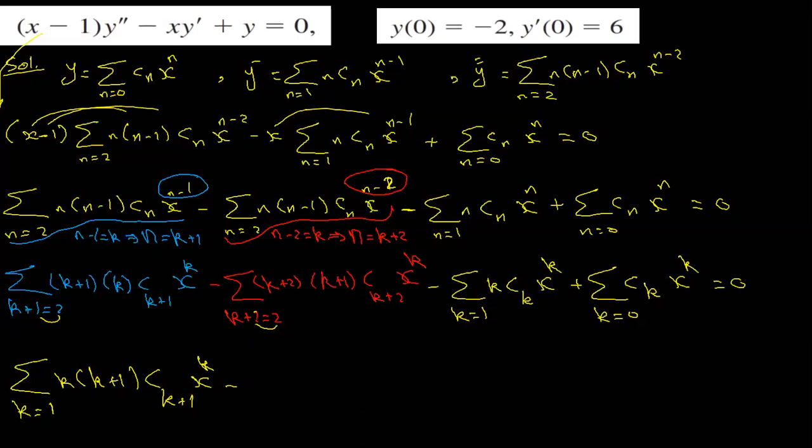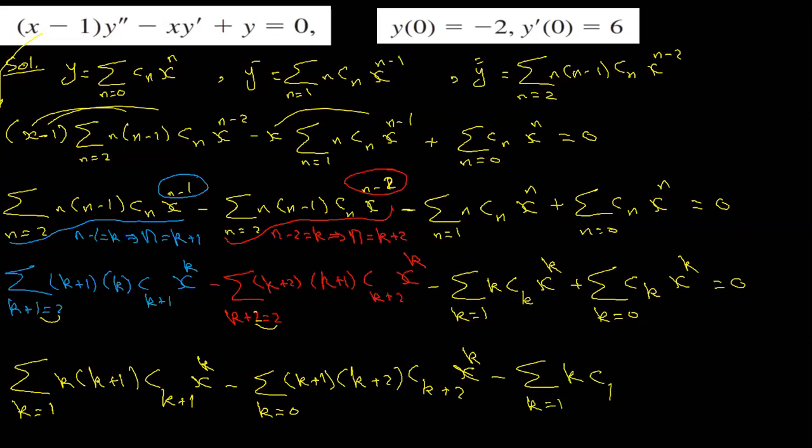So summation k equals 0 of k plus 1, k plus 2, ck plus 2, x to the k, minus summation k equal 1 of k ck x to the k, plus summation k equal 0 of ck x to the k equal 0. Can I add those series together and take x as a common factor?